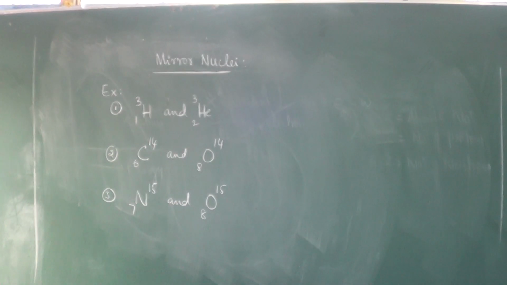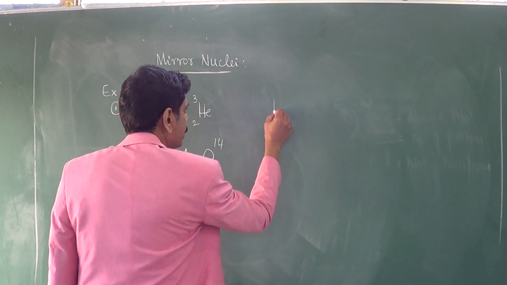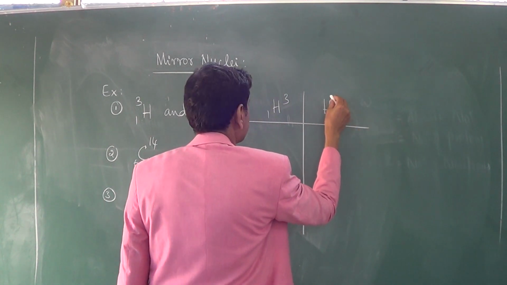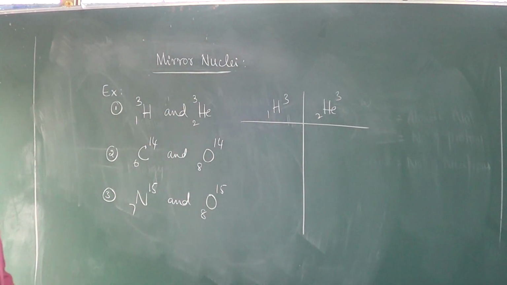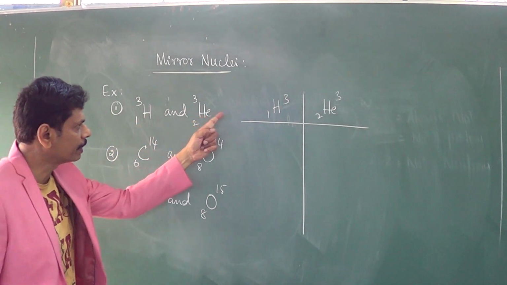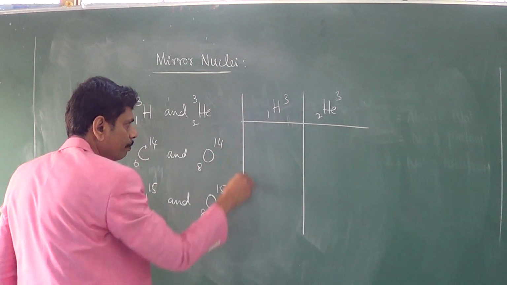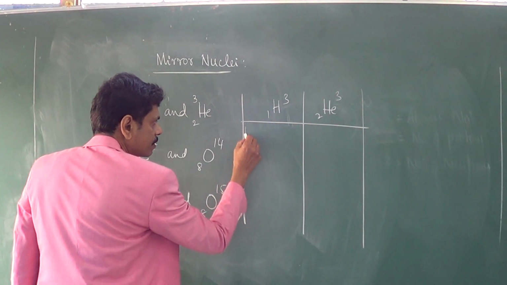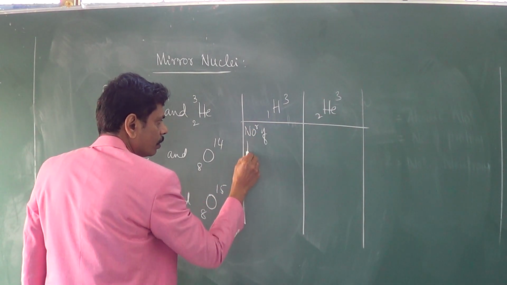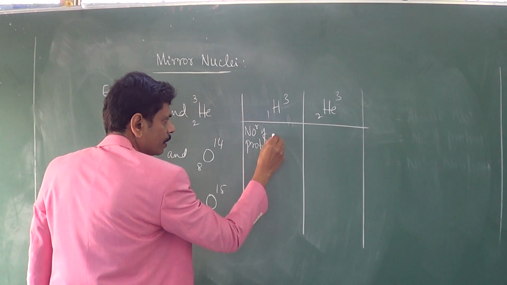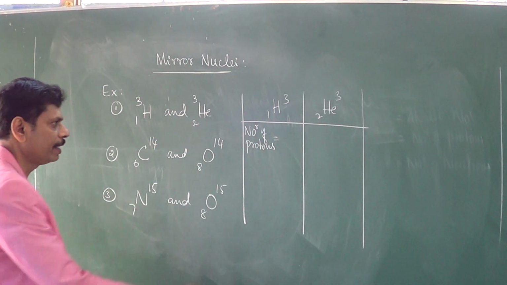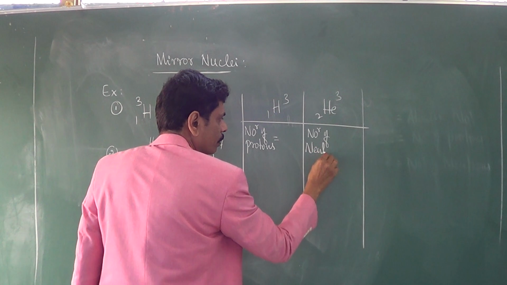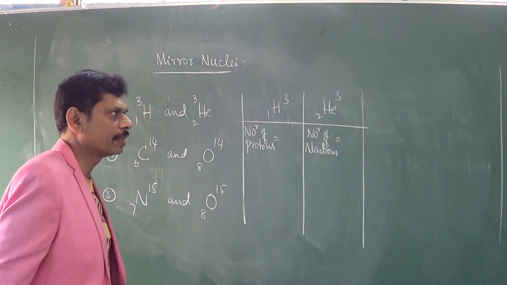Now in this case, I am going to consider H31 and next one, helium 3,2. I am going to compare these two so that you can understand. I already told you how to calculate the number of protons and neutrons.